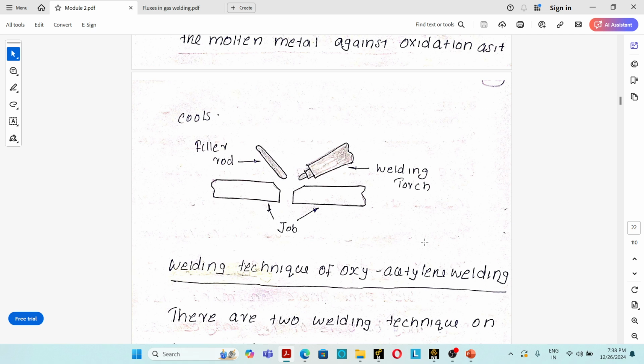The flux undergoes a chemical reaction and produces slag that will float over the molten material and remove the oxides and impurities from the molten material. So that's the importance of flux in the case of the gas welding process.